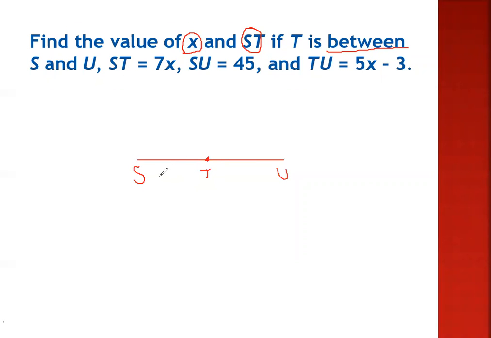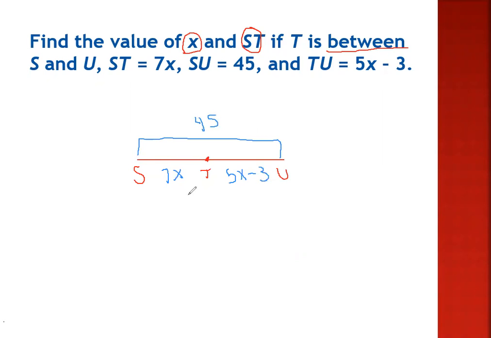ST equals 7x. The second part, SU, which means the whole line, is equal to 45. And TU is 5x minus 3.